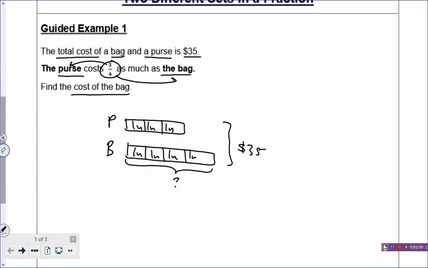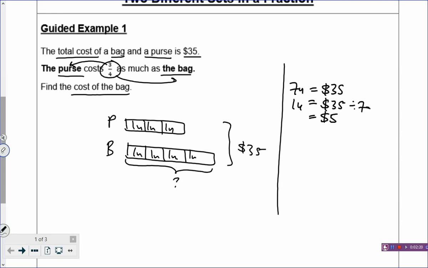Now, what do you do next? After you have drawn the problem, you study the model and you come up with the unitary statements. If you look at the model, the total cost is 7 units, which is $35. Then you can find 1 unit, which is 35 divided by 7, and you will get 1 unit is $5.